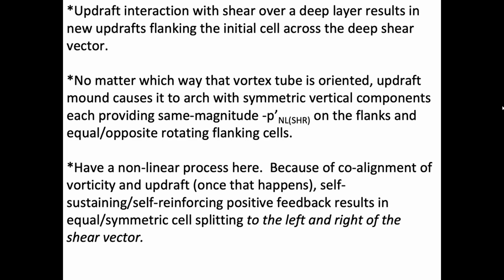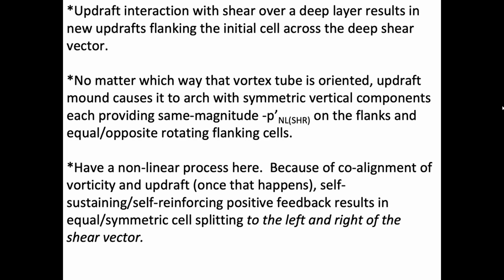The cyclonic and right component, or right flanking cell relative to the deep shear, is going to rotate cyclonically and move off to the right, and the left one is going to do a similar behavior with an anticyclonic circulation.